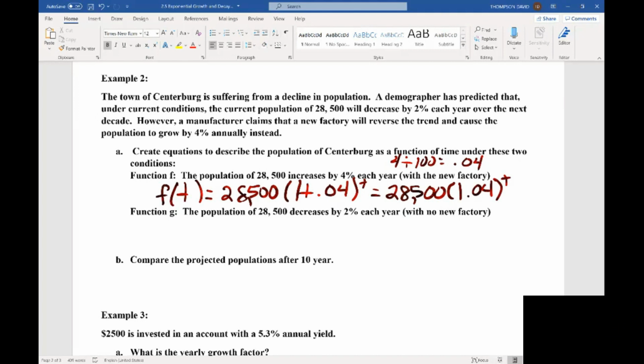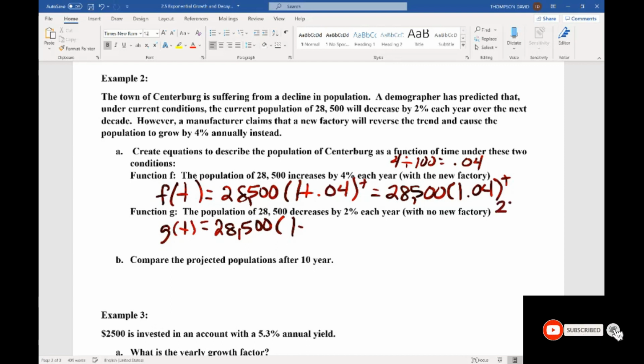And for function g, the population of 28,500 decreases by 2% each year with no new factory. So we'd have g of t equals 28,500. And since we're decreasing, we're going to do 1 minus 2% as a decimal.